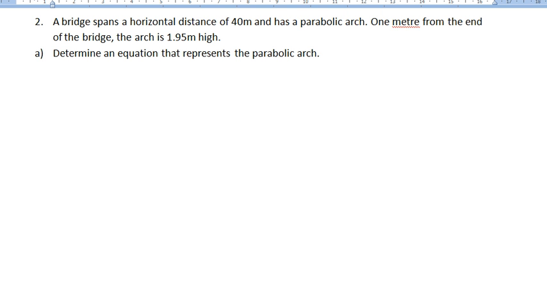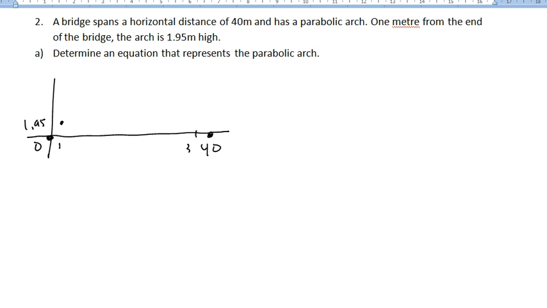Okay, so, get my pen here. Just for ease's sake, I'm going to say that this is the length of my bridge from 0 to 40. I could put it anywhere, but it just makes it easier. Which means that at 1, we're going to be at 1.95 meters high.